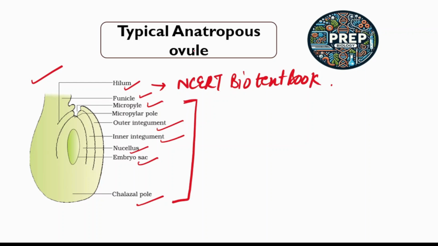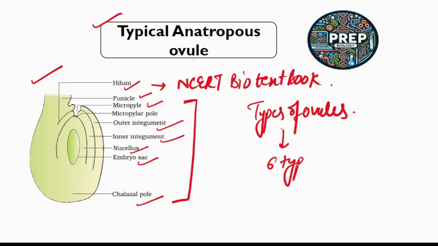I have written here that this is the typical anatropous ovule. There are different types of ovules present in different species of plants. There are about 6 types, and one of them is called the anatropous ovule.